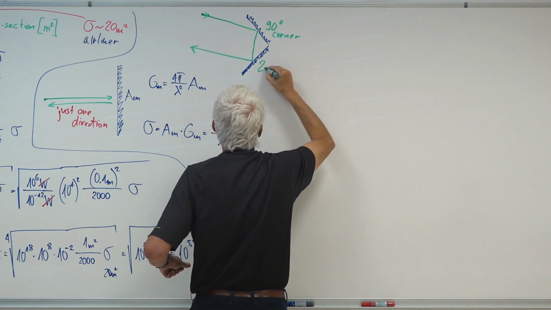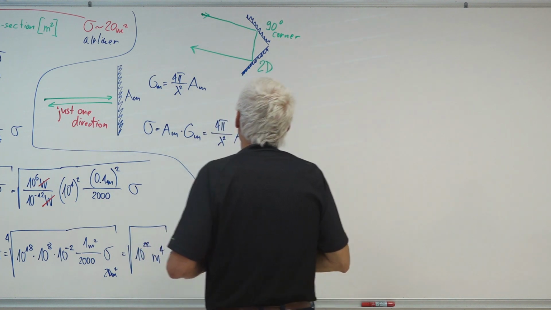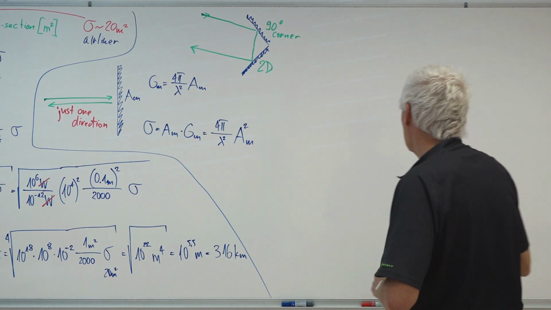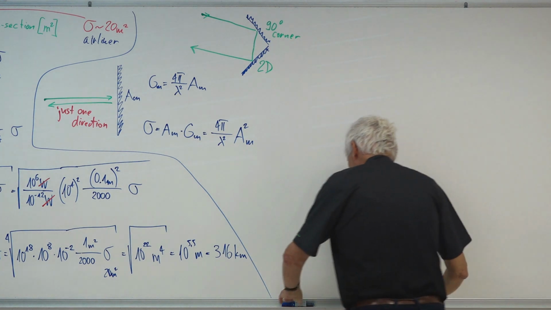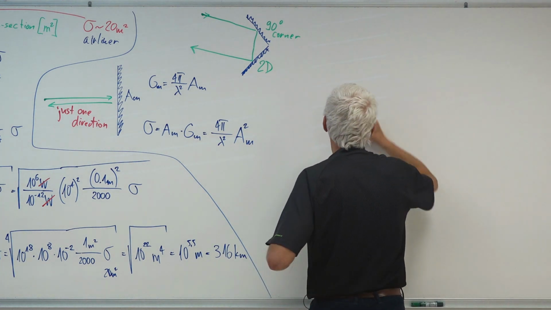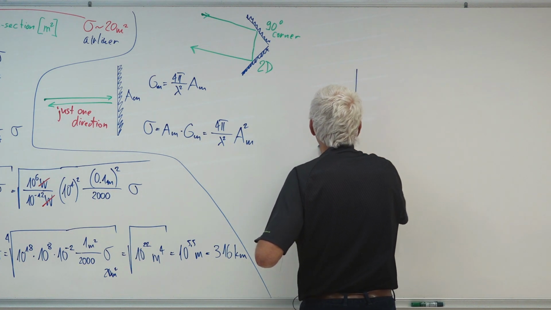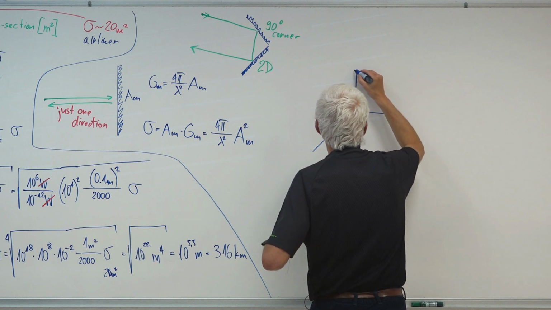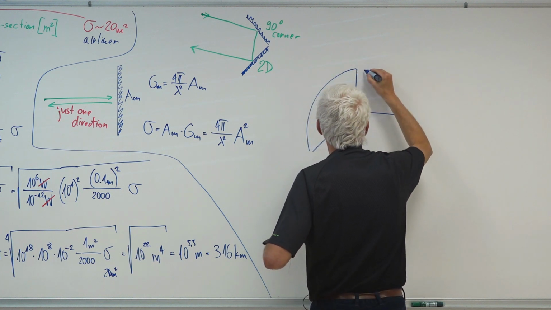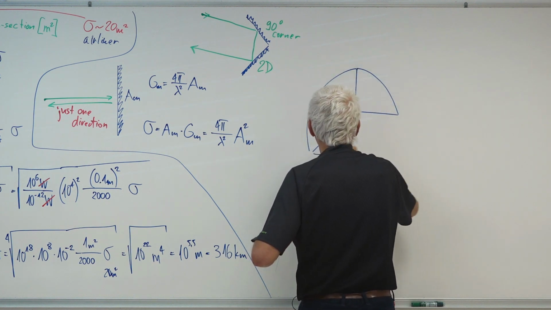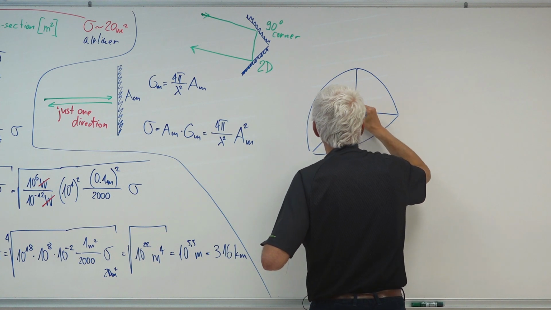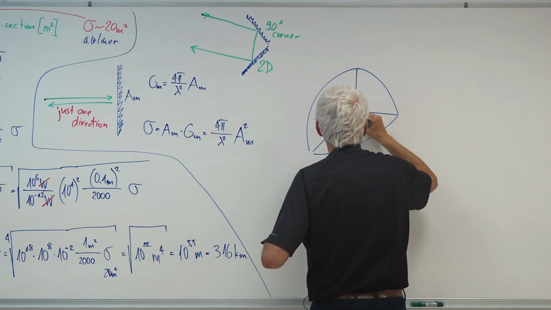This is true in 2 dimensions. In 3 dimensions, we need a cube corner. So in 3 dimensions, I put in 3 mirrors. Now it's very difficult to draw this on a 2-dimensional board. I draw this cube corner. It has one mirror, another mirror, and a third mirror. And I have right angles between all 3 mirrors.